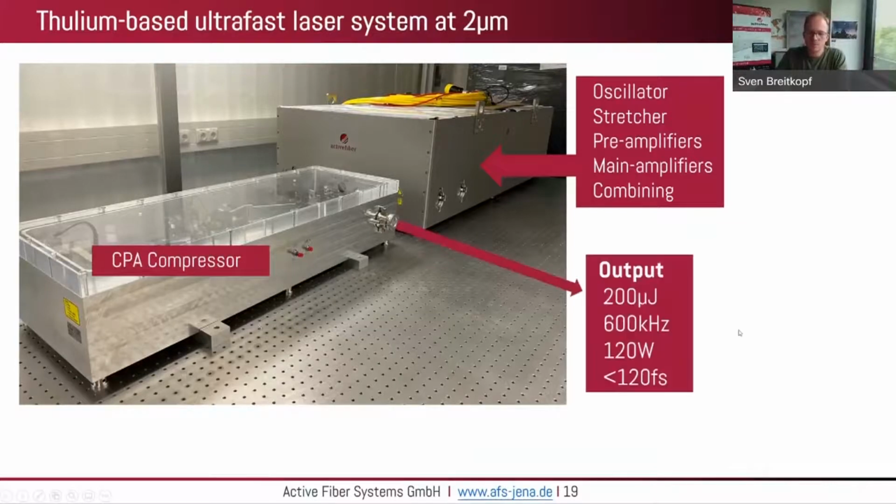And at the output, the system could deliver 200 microjoules, 600 kilohertz, 110 watts of average power, which is quite a lot already, and sub 120 femtosecond pulses. And this system is being used for coherent diffractive imaging applications right now.